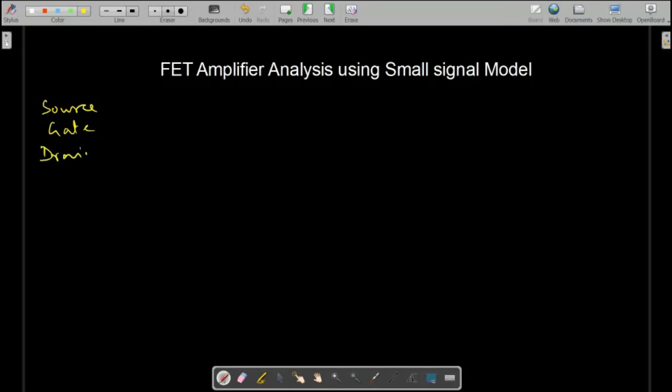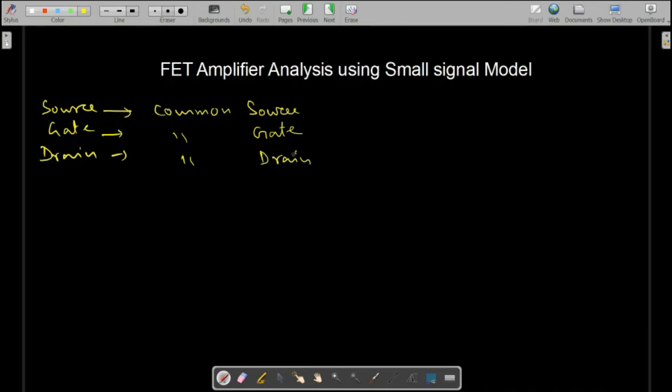Following the BJT, we may say the different modes of FET are common source, common gate, and common drain. Because it is a 3-terminal device similar to BJT, there may be 3 possible operating modes, similar to common emitter, common base, and common collector.